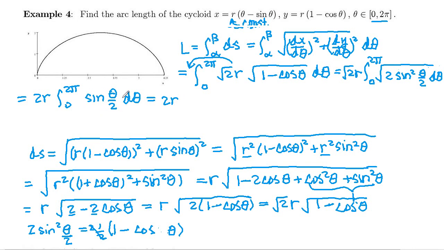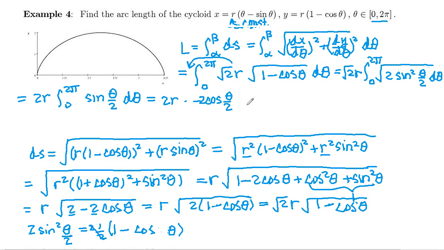If you differentiate sine theta over 2, you get cosine theta over 2 times 1/2. So if we integrate, we're going to get negative cosine theta over 2, and then divide by 1/2, which is multiply by 2.